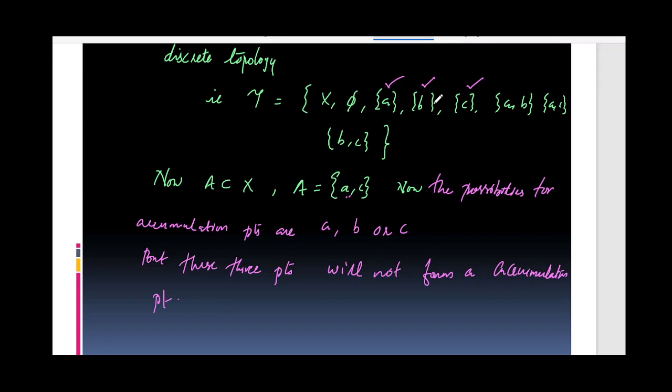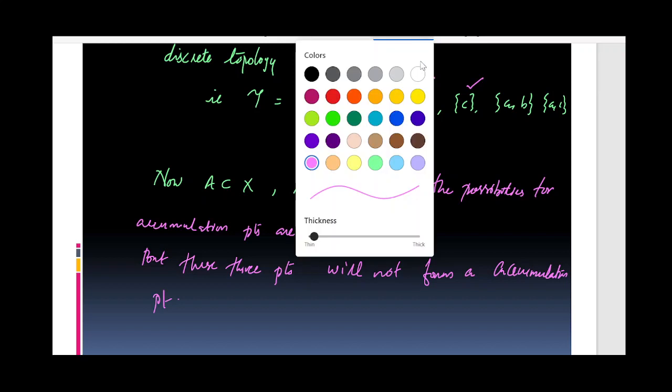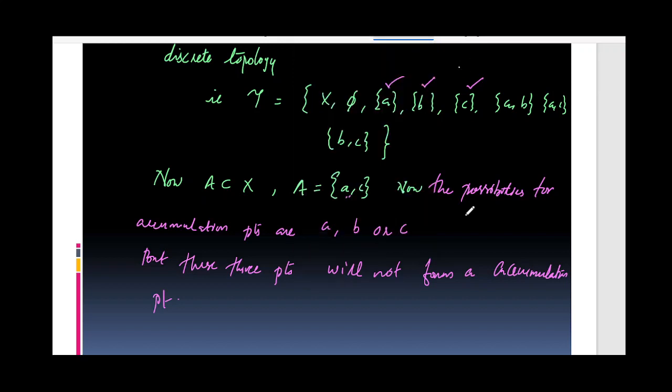So in brief, we can write like this. In discrete topology, no point is going to be an accumulation point of any set.